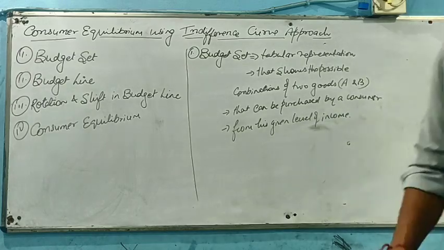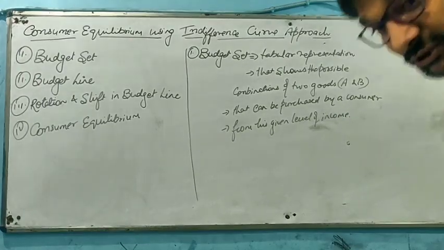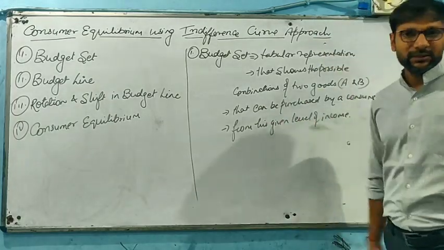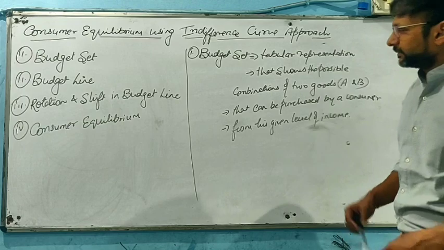It means, as we told you earlier, as a rational consumer, a consumer is given his given level of income and it is held as constant.